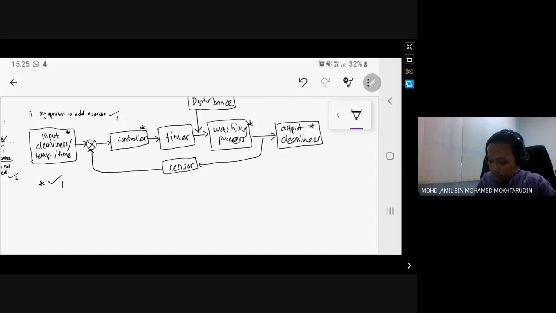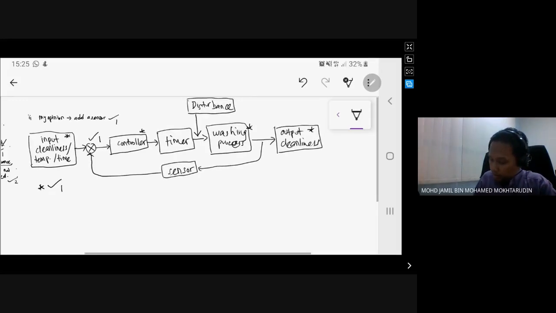If you have the summing junction, 1 mark. You have the sensor and the feedback signal arrow: you get 1 mark for the signal arrow and 1 mark for the sensor. And 1 more mark for the disturbance, because you want to show how closed loop actually reduces the effect of disturbance. So if you have all of this, you get 5 marks.